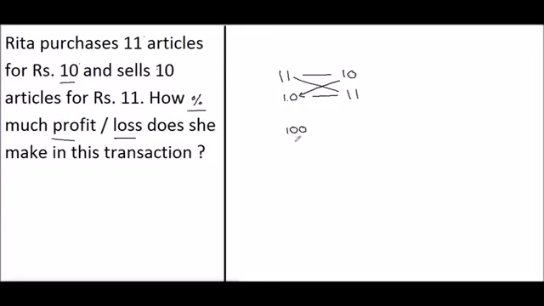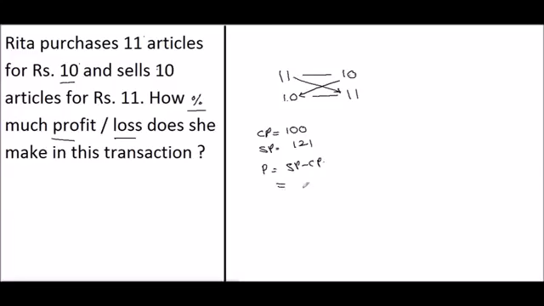10 into 10, that is 100. Take this one as cost price in every case. Now it is 11 into 11 from here to here, and this one, 11 into 11, is selling price. Take it as 121. Now since selling price is more than cost price, here profit is equal to selling price minus cost price.